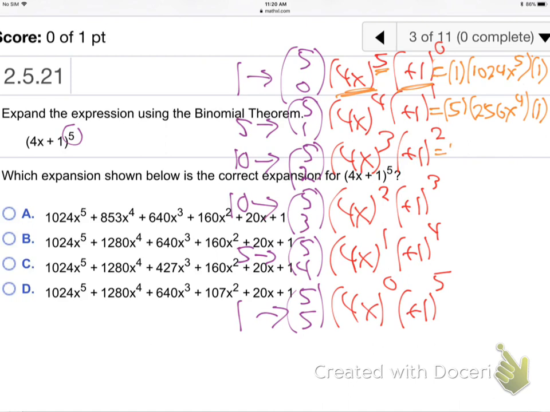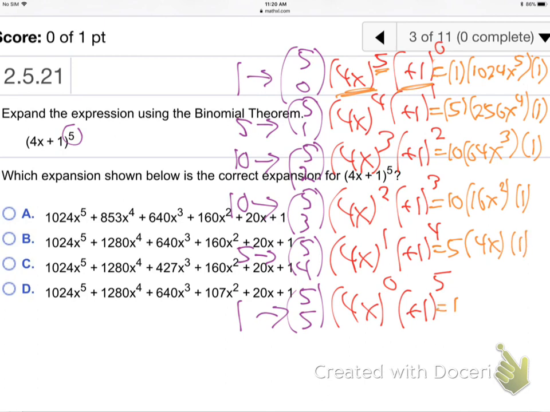And this is 10 times 64 x to the 3rd times 1. I'm running out of room here. This is 10 times 16x squared times 1, 5 times 4x times 1, and 1 times, oh, anything to the 0 power is 1, huh? 1 times 1 times 1.